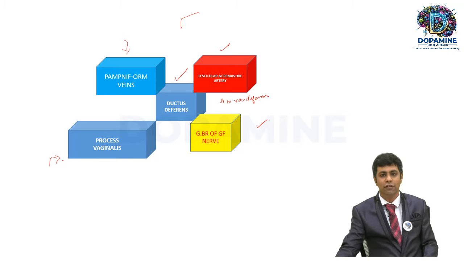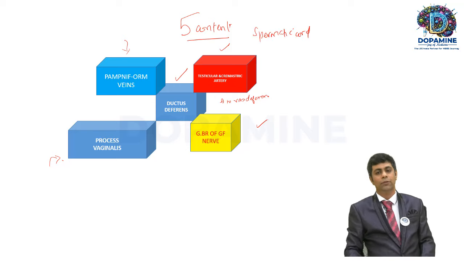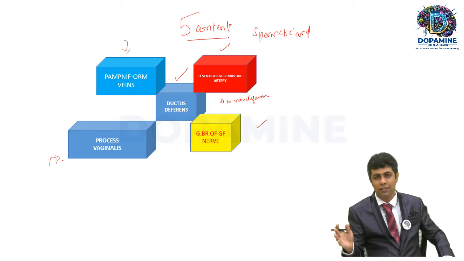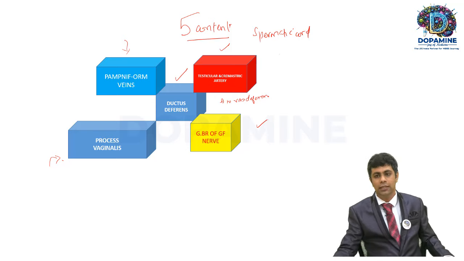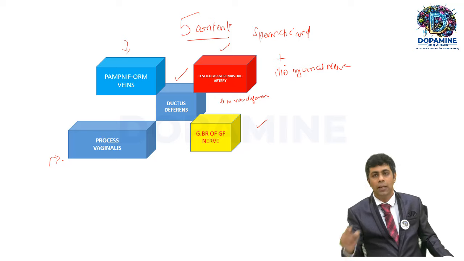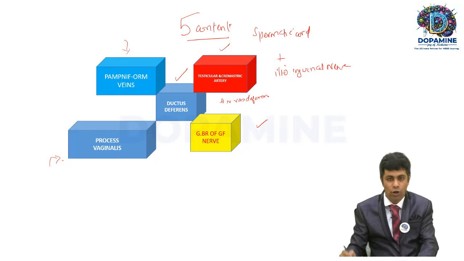So these are the chief 5 content you have to remember when you talk about the spermatic cord. Clear? So main content will be the vas deferens, 3 arteries, 1 plexus of veins, 1 nerve, and processus vaginalis. Along with that, please do not forget that ilio-inguinal nerve is a partial content of the spermatic cord.